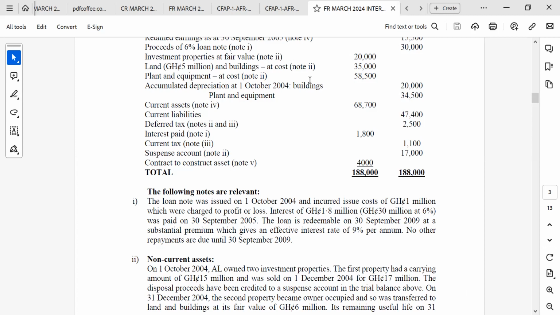Is it a coupon rate? No, you calculate it before you know. So you try your coupon 6%. 6% on 30 million. Yeah, now it's giving you 1.8. Okay, that is a coupon, isn't it? Yes. The 6% on the 30 is 1.8.